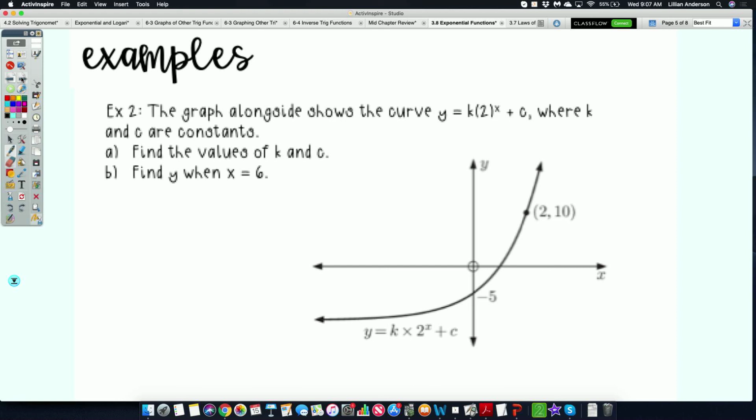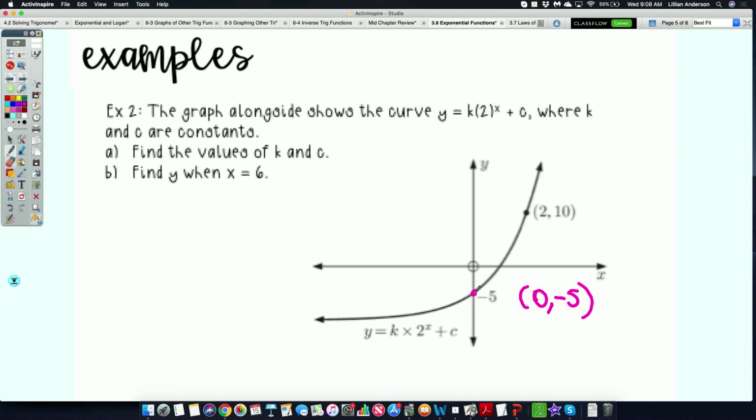So let's take a look at our graph here. We have 2 points on this graph. We have 2, 10, and we have one other point. What's that other point? 0, -5. 0, -5, the y-intercept. Now remember, just like when we were doing quadratics, if we're ever trying to find a variable inside of our equation, we use a point.